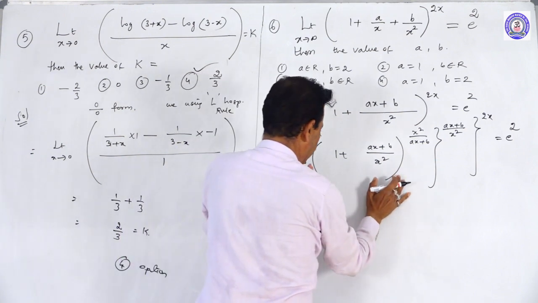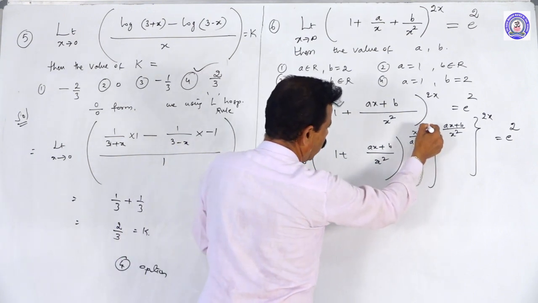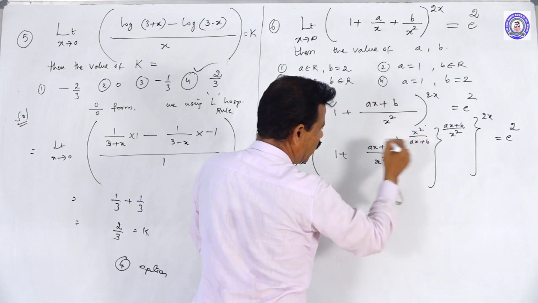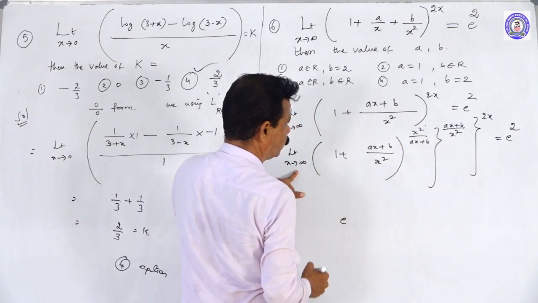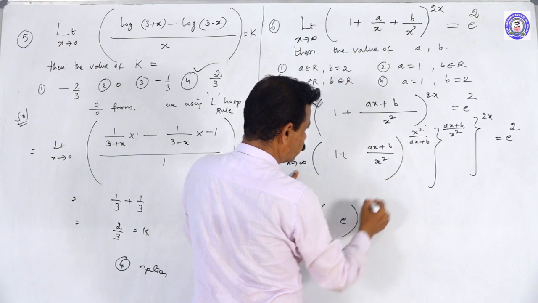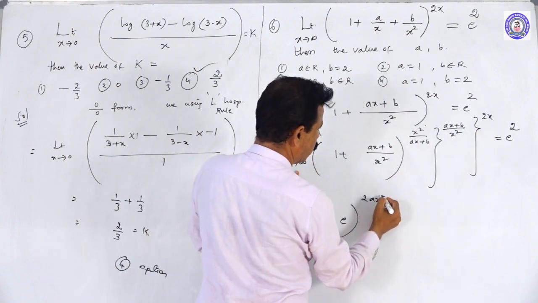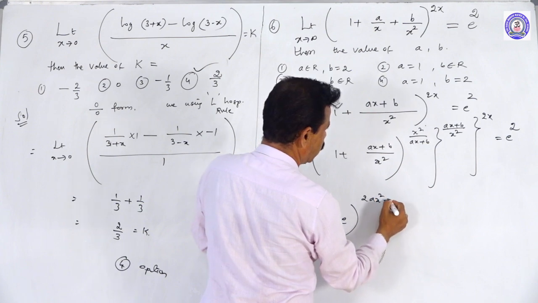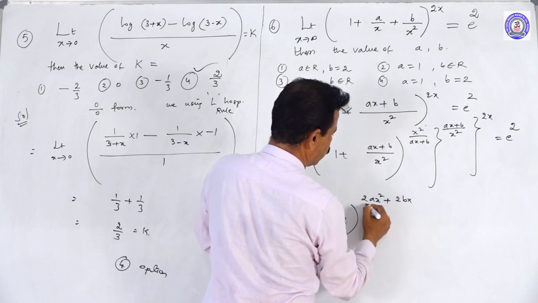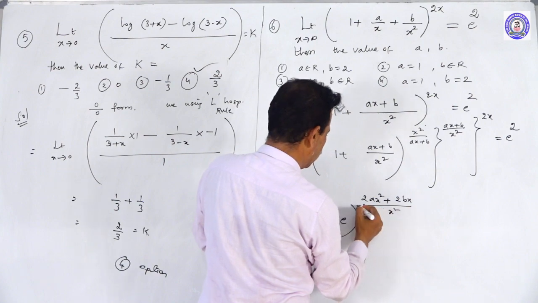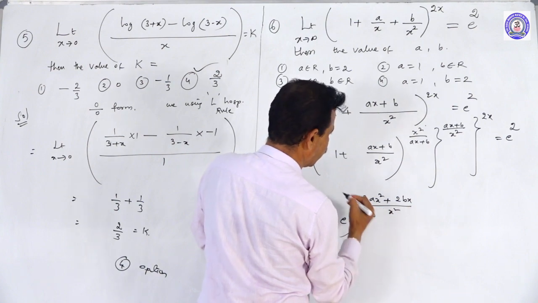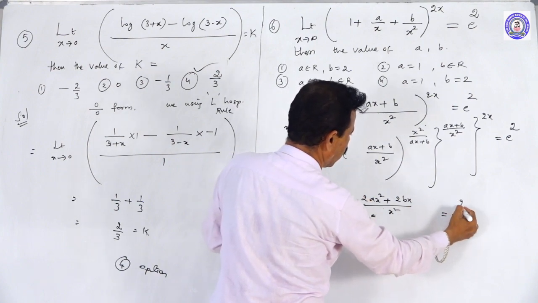So up to here, according to infinity, this value is the e value: e power 2x into (ax plus b) by x square, that is (2ax square plus 2bx) divided by x square, limit x tends to infinity, equal to e square.